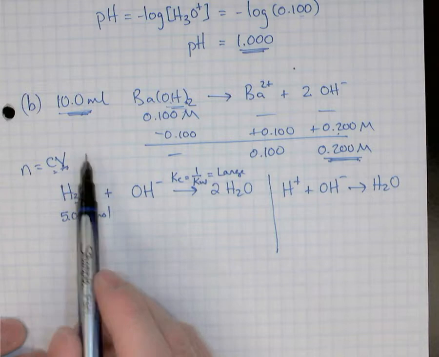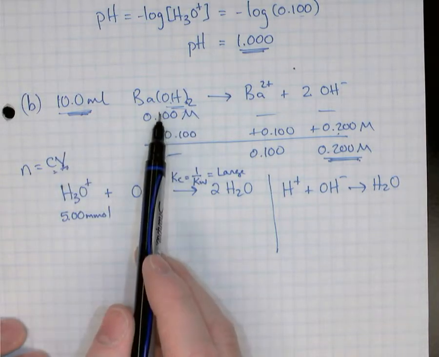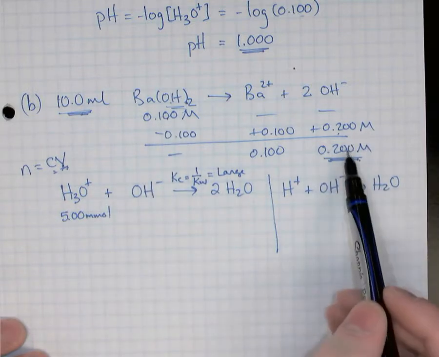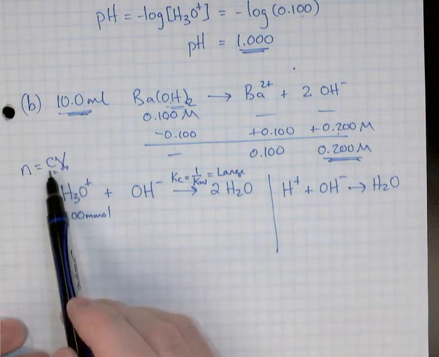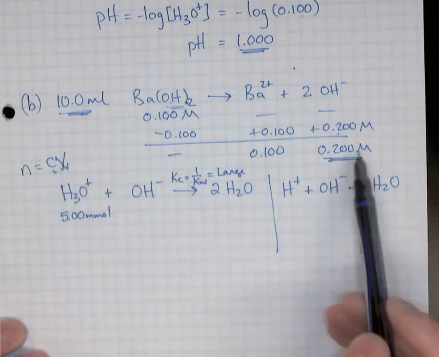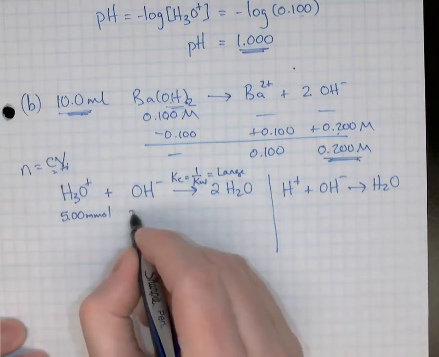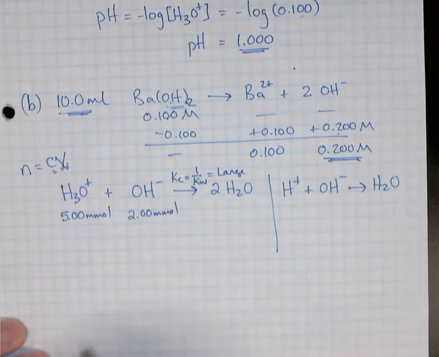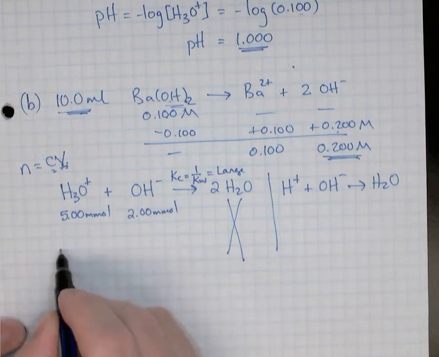Well, we've added 10 milliliters, and although the barium hydroxide concentration was 0.1 molar, the hydroxide concentration is actually 0.2 molar. Keep that in mind. So when I do C times V, I'm going to do 0.2 molar times 10 milliliters, and that'll give me 2 millimoles of hydroxide. Since water is a liquid, we can ignore it in our ICE table.